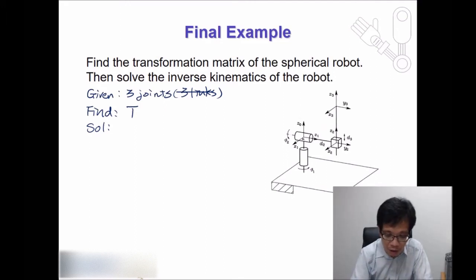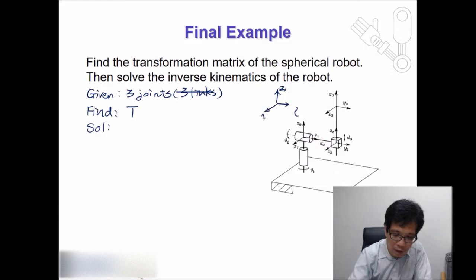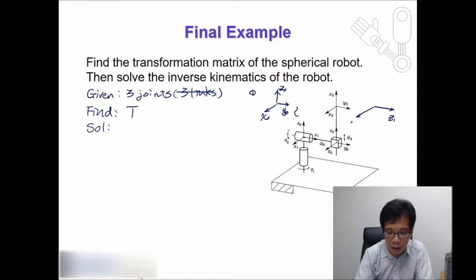Since they attach x1 over here, z0 over here, normally we are having z0, x0, y0. And for the z1 over here, clearly x1 is not changing its position, which means my coordinate of the first frame is going to be z1, x1.